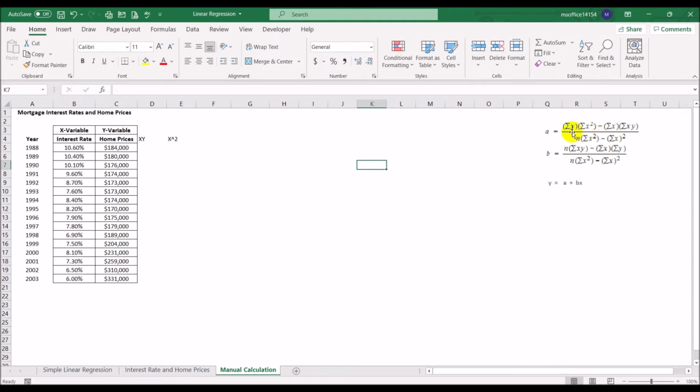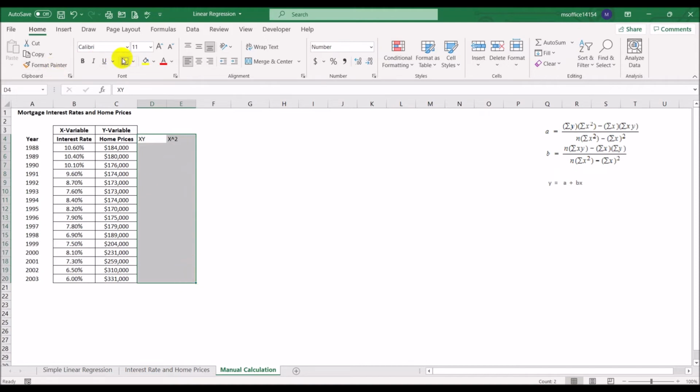Let's see if any values are missing. Y, we've got here. X squared, we've just created this column. X, we've got here. XY, we just created this column. So we've got all the values.